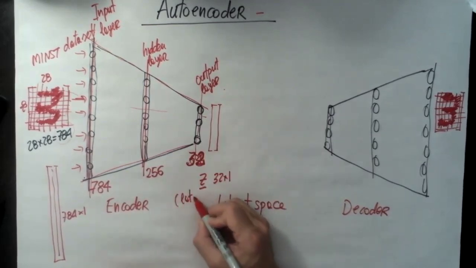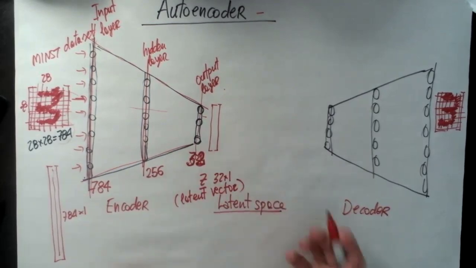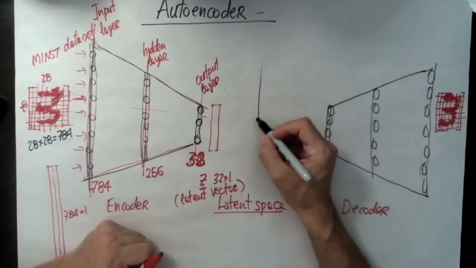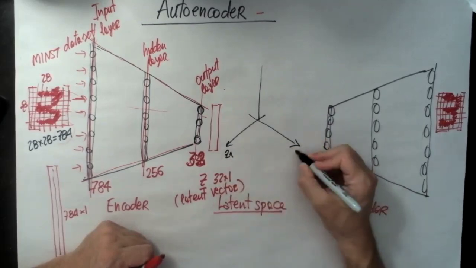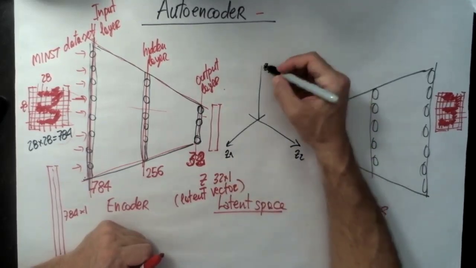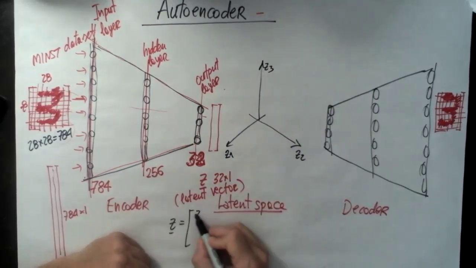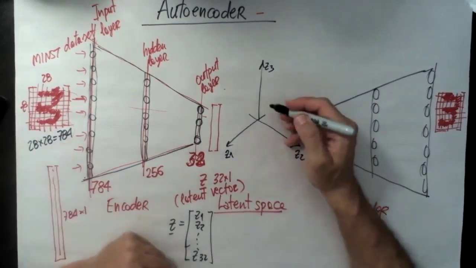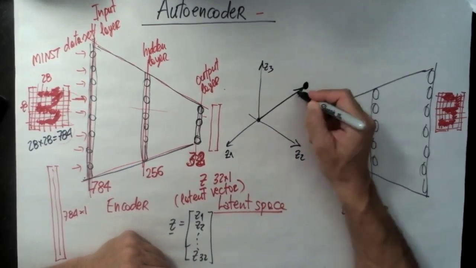This is the latent vector, which, imagine that we just plot the first 3 components of this vector. Remember that this vector basically has components Z1, Z2, and so on until Z32. So this image here becomes basically a point in the latent space.